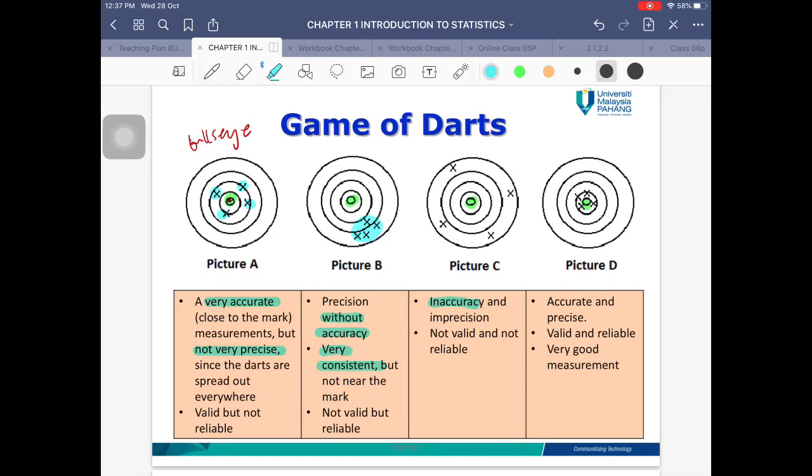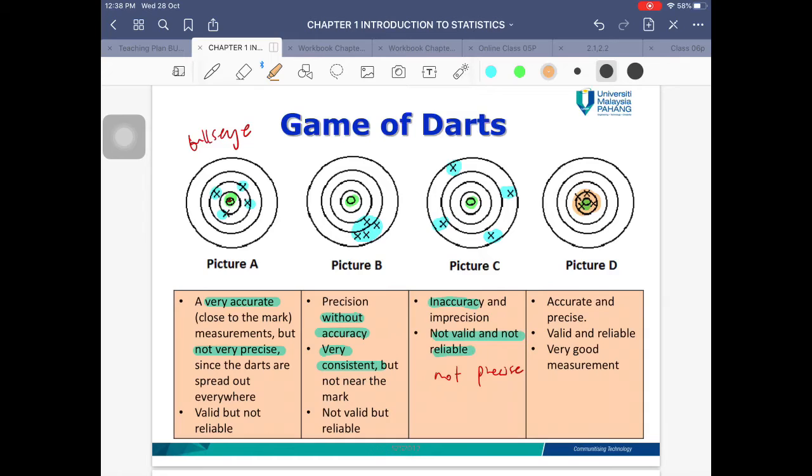For the third scenario, this is even worse. It definitely is inaccurate. It doesn't even hit close to the bullseye, and it is all over the place. One goes top, bottom, right, left. So it is not valid and not reliable, because it's not precise. So it is inaccurate and not precise.